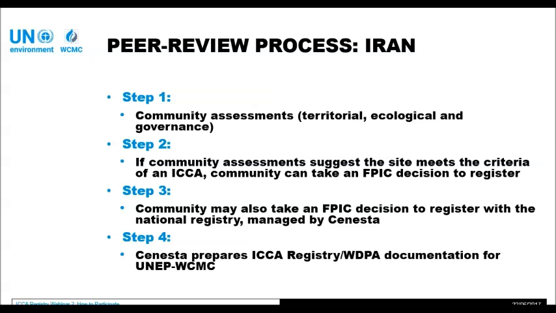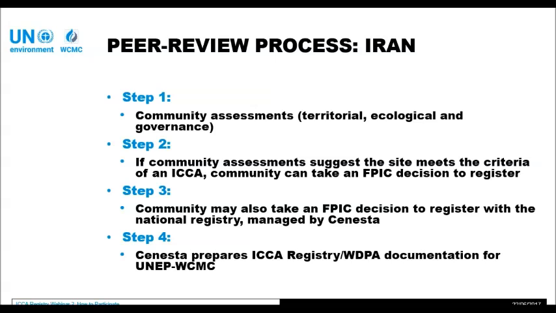If the results of these assessments reveal that the area can be considered an ICCA, then the community can decide to take a free, prior and informed decision to declare its ICCA. This is step 2. In step 3, the community can choose to submit the results of their assessments to the National Registry of ICCAs, which is maintained by SENESTA.